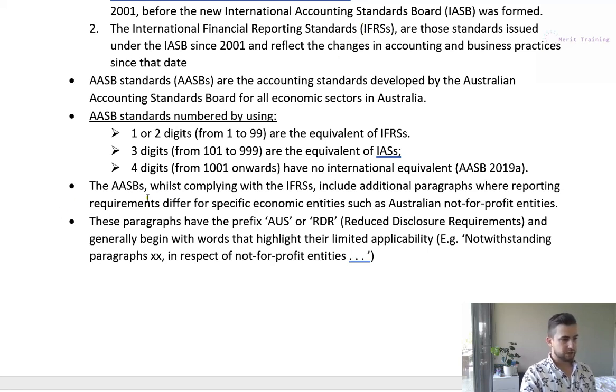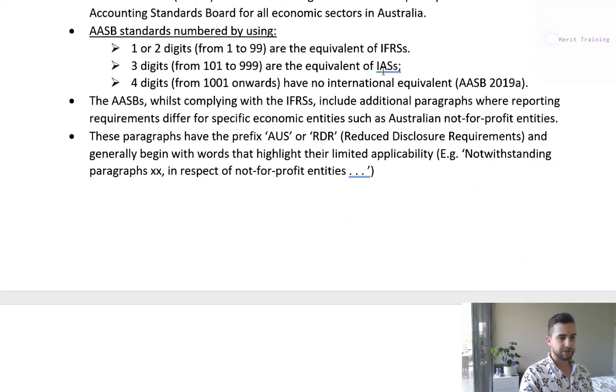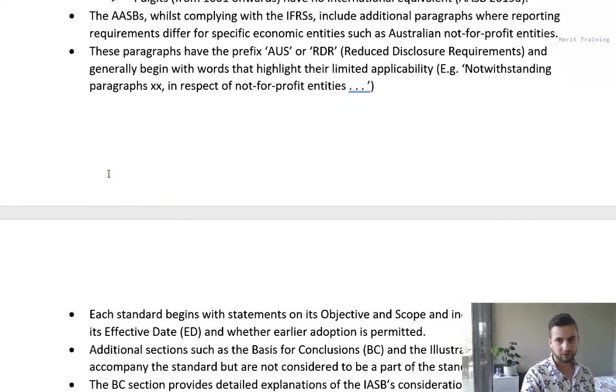So the AASBs, the Australian ones, whilst complying with IFRS, include additional paragraphs where reporting requirements differ for specific entities such as Australian not-for-profit entities. These paragraphs have the prefix AUS or RDR, reduced disclosure requirements, and generally begin with words that highlight their limited applicability, e.g. notwithstanding paragraphs XXX in respect of not-for-profit entities.